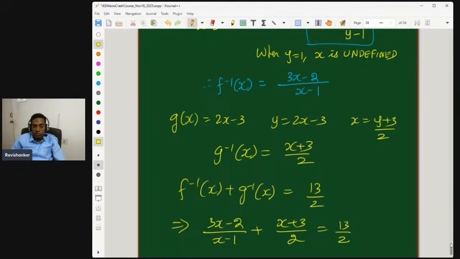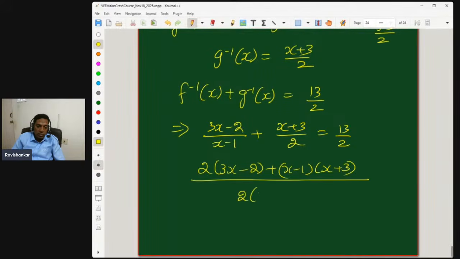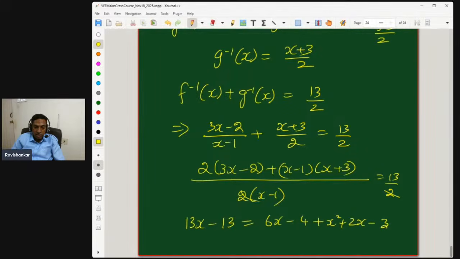Okay, so if you simplify, you get 2 into (3x minus 2) plus (x minus 1) into (x plus 3), by 2 into (x minus 1), is 13 by 2. So 13x minus 13 equals 6x minus 4 plus x squared plus 2x minus 3.